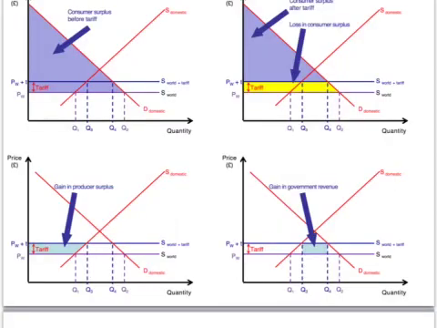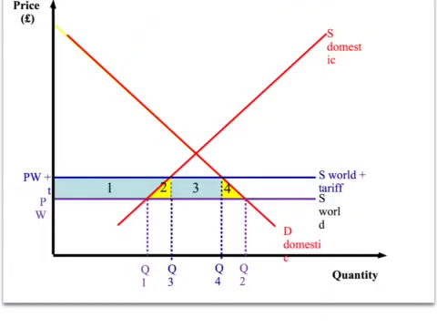This slide gives quite a neat summary of the changes as a result of the tariff. We can see here the loss of consumer surplus, whereas here we can see the gains in producer surplus and the gain in government revenue. In order to calculate the net effect for the UK, we can see in this area here that areas 1, 2, 3 and 4 are all a loss of consumer surplus.